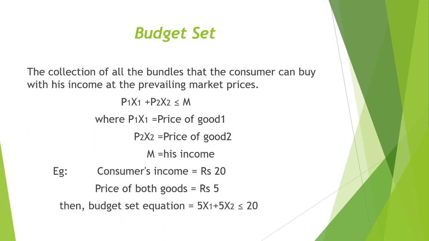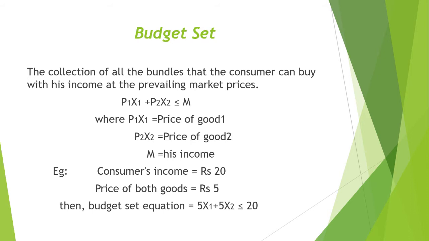It is the collection of all the bundles that the consumer can buy with his income at the prevailing market prices. Consumer behavior is constrained by his income or budget. Always his expenditure is less than or equal to his income or budget.